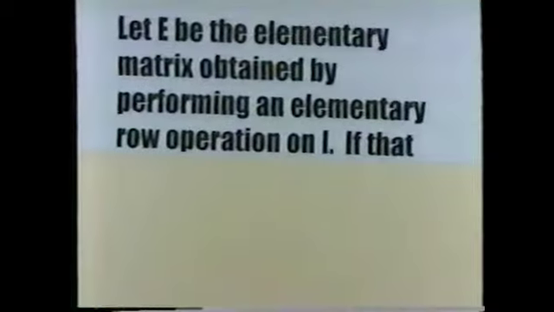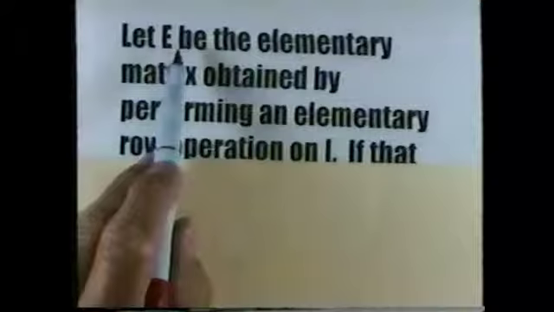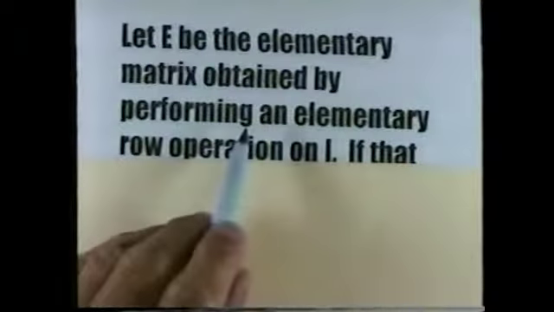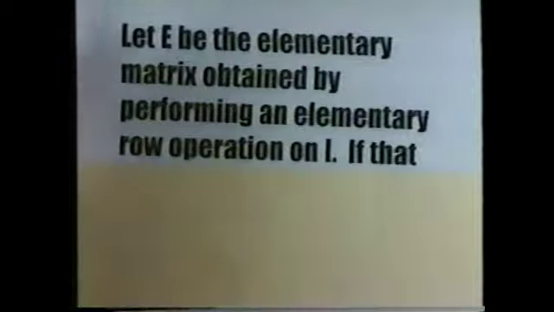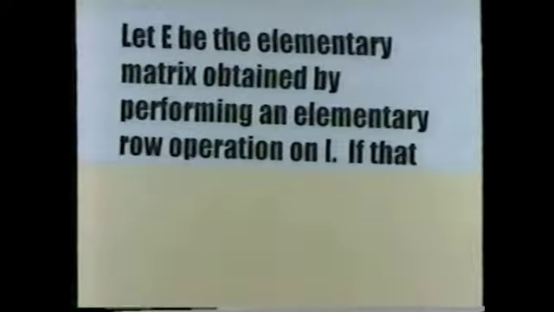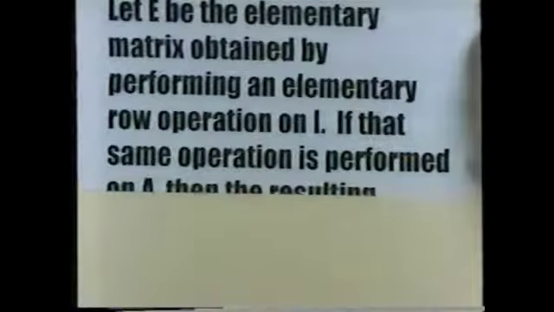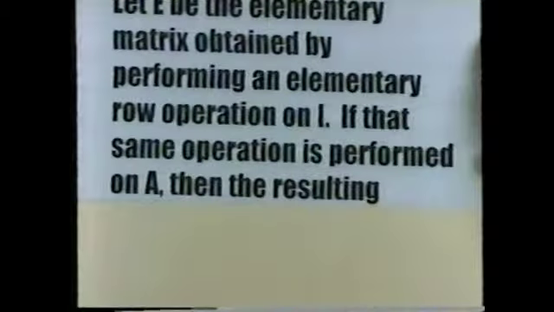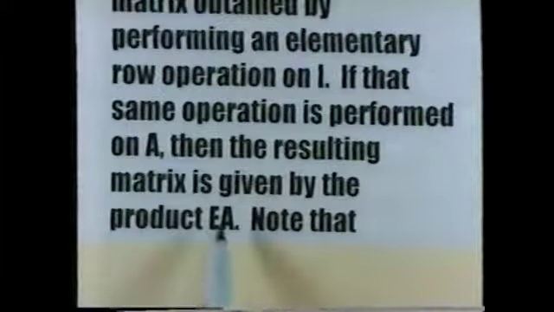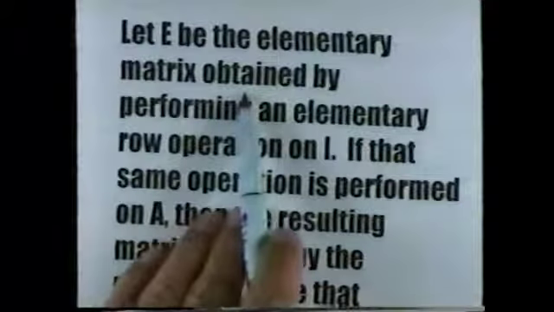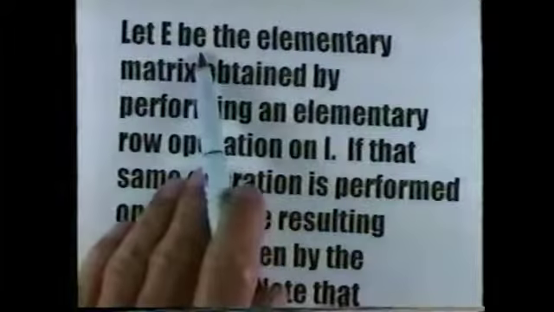Now we're getting to a very important fact with elementary matrices. Let E be the elementary matrix obtained by performing an elementary row operation on I. If that same operation is performed on A, then the resulting matrix is given by the product E times A. Again, E is an elementary matrix obtained by performing an elementary operation on I. So we know what E is.